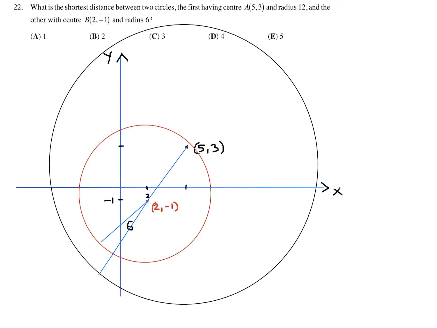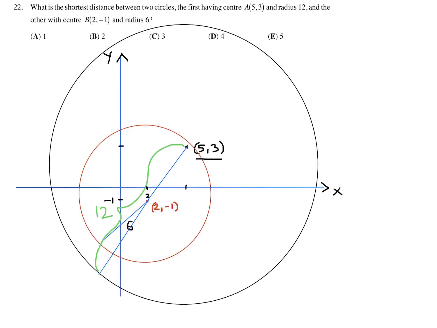So let's carefully label this. From this center right here to the very end, right there, that is 12, correct? So we have to somehow, without making this diagram too messy, put that in there. So that distance is 12, okay?